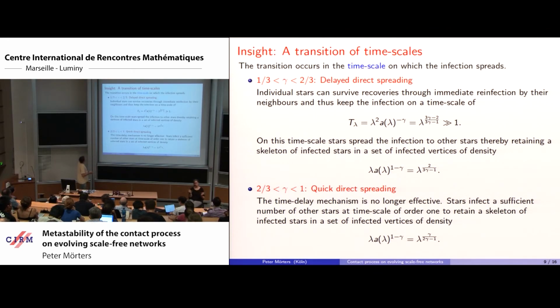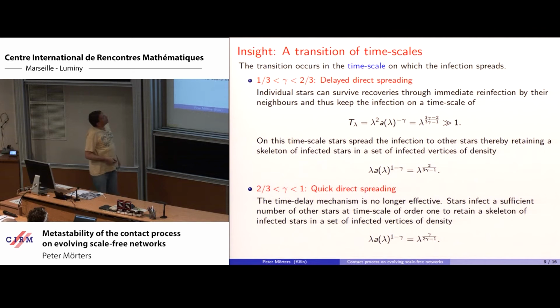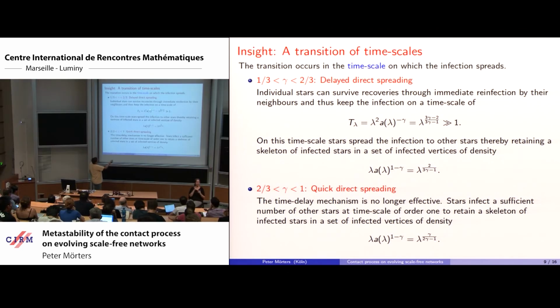Either you use this delayed mechanism where these stars hold the infection with the help of their neighbors for a longer time scale, lambda squared times the degree, a of lambda to the minus gamma. But of course, this is only of bigger order than 1 if a of lambda is small enough.